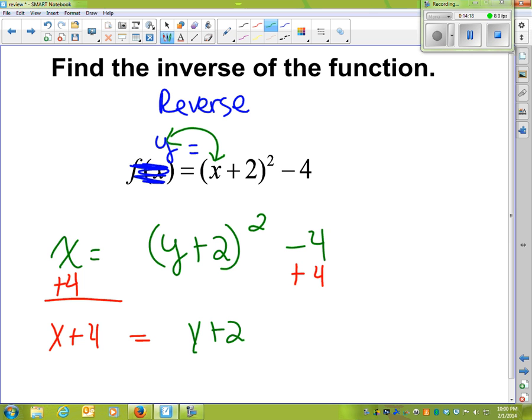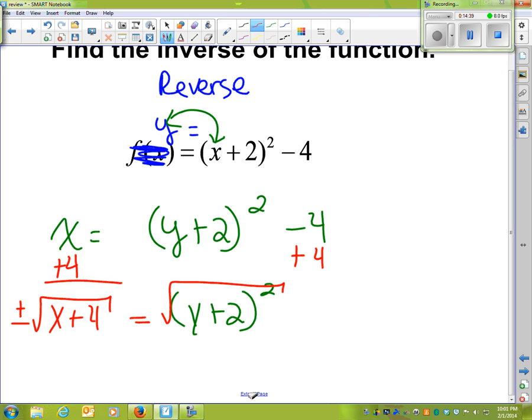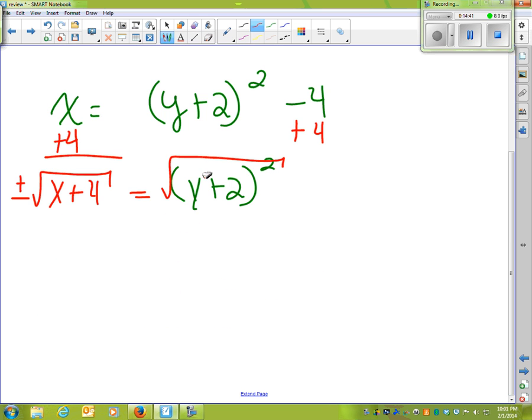y plus 2 squared. To get rid of a square, I'm going to take the square root. And if I square root one side, I square root both sides. And if you put a square root into an equation, you have to consider both the positive and the negative portion. So now I have plus or minus the square root of x plus 4 equal to y plus 2. That's a y.